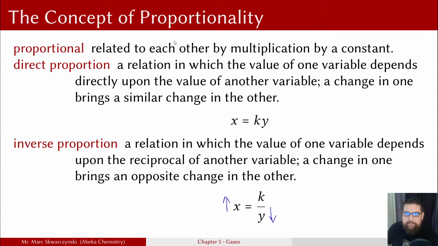Or if x were to decrease, y would then increase, because we would need to increase y to decrease the value of x and vice versa. So just mentioning that there. Notice that k is the same. This could also be rewritten as x is equal to k times 1 over y.